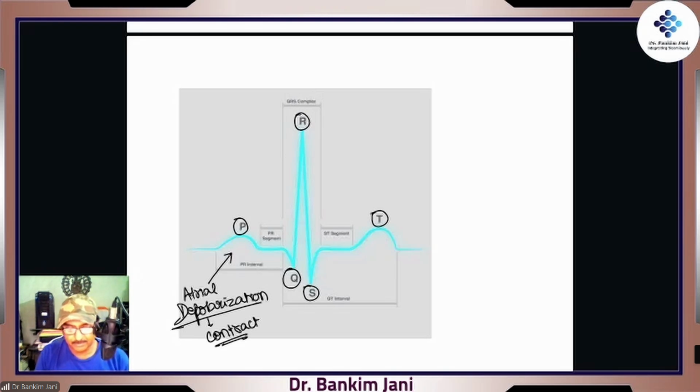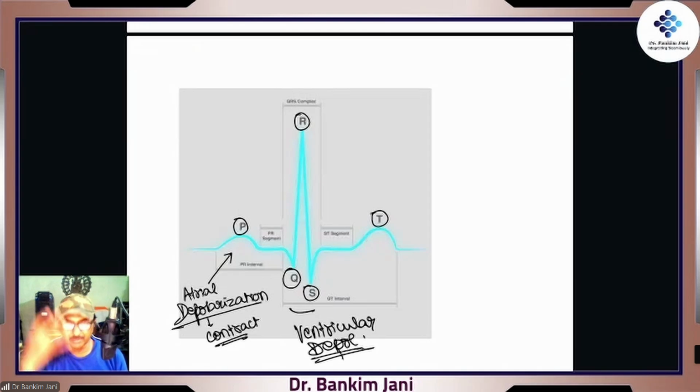See the QRS, so big, because over here, this is the phase for ventricular depolarization. So big wave, right? Big muscle. So that's why it is this PR segment.